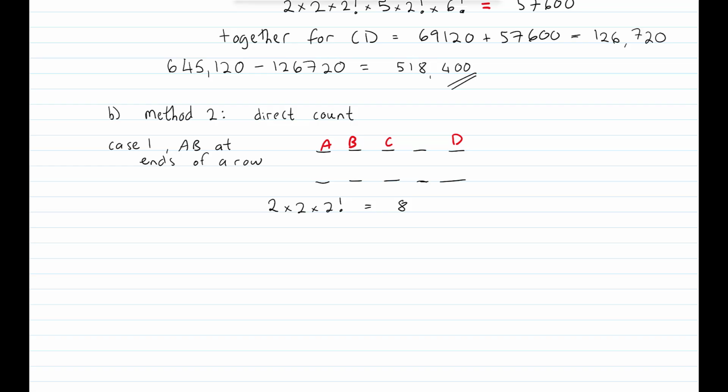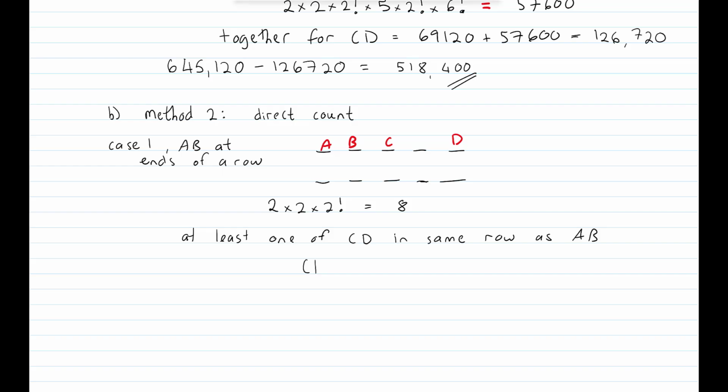So we can have like this. At least one of C and D in the same row as A and B. Okay, so if they're both going to be in the same row, there's just one way that we can do that without them sitting next to each other.